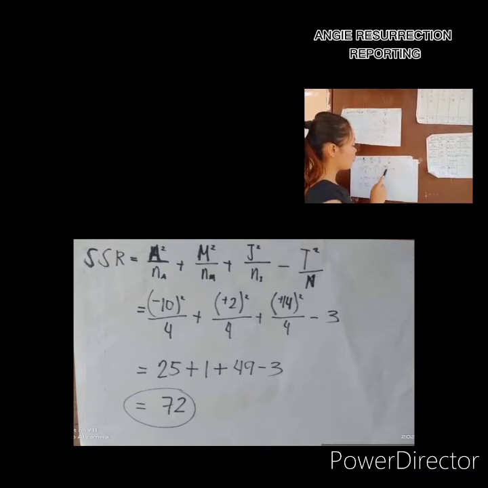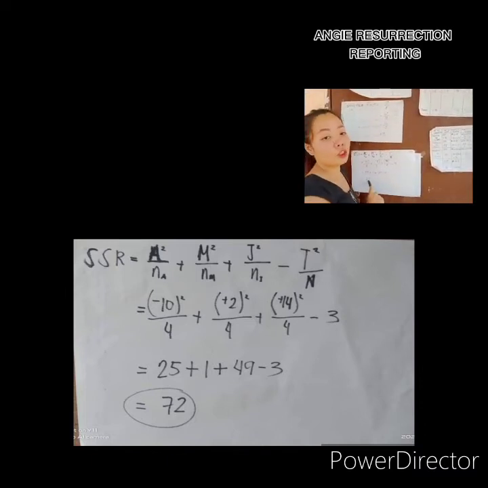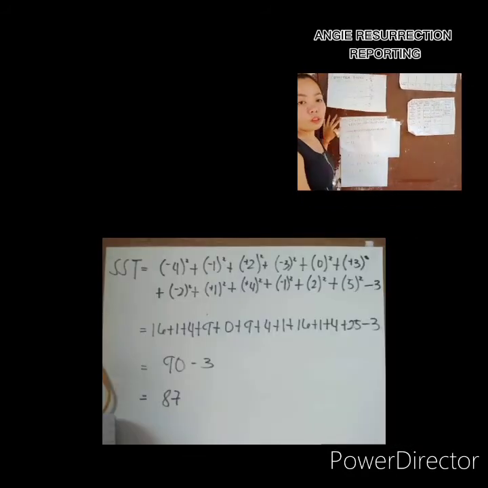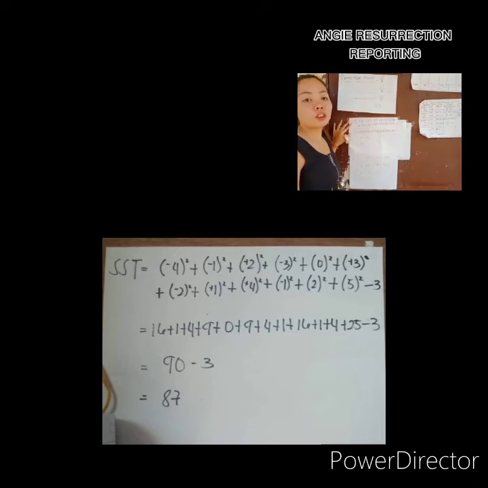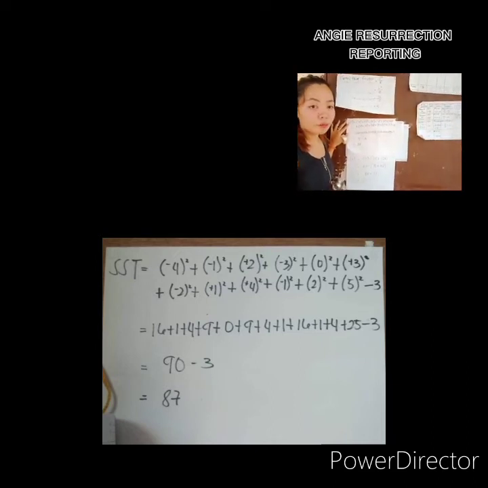Plus 14 times 14 divided by 4 is equal to 49, minus 3, the total is 72.